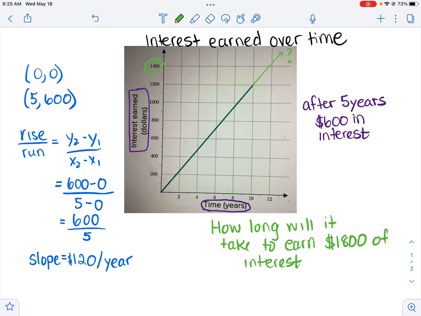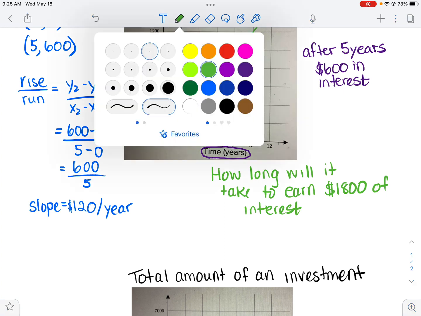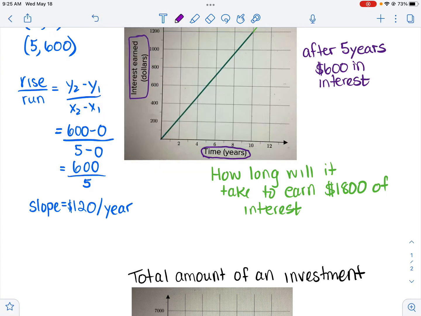So really, if we know we earn $120 every year, and we want to know how long it's going to take us to get all the way to $1,800, we could say, so $120 in 1 year, we want to know how many years will it take us to get to $1,800.